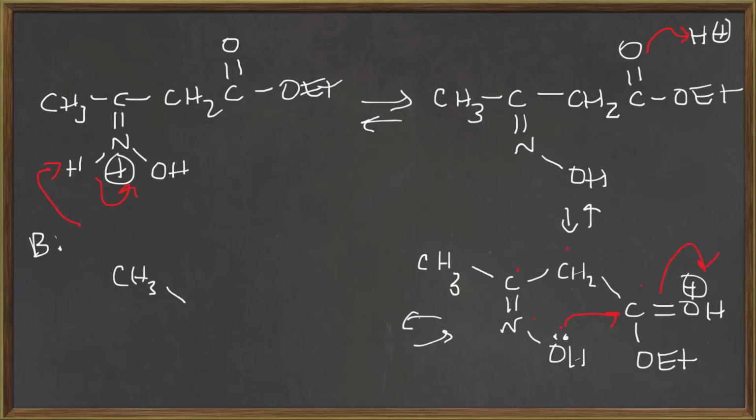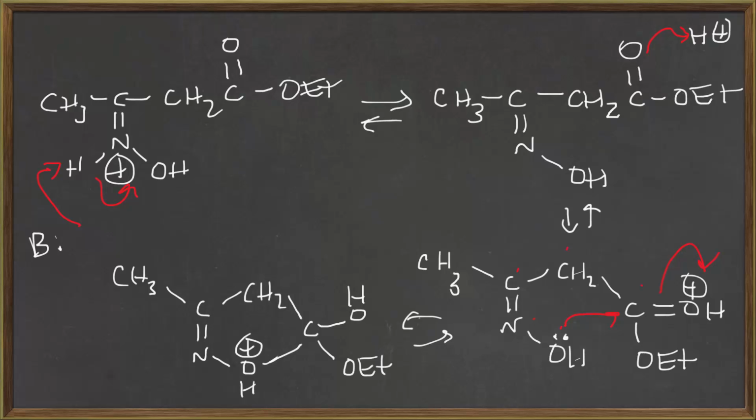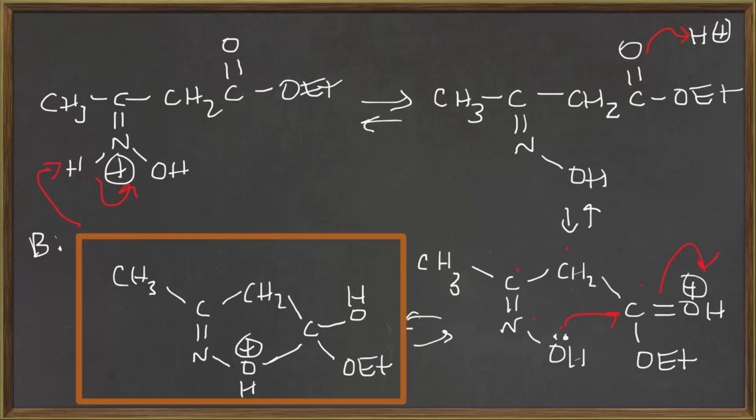Takes me to this tetrahedral intermediate. Don't like that. Gotta get this a little tidier here. Gotta be real precise with our electron movement arrows. Alright, so here is our current intermediate.